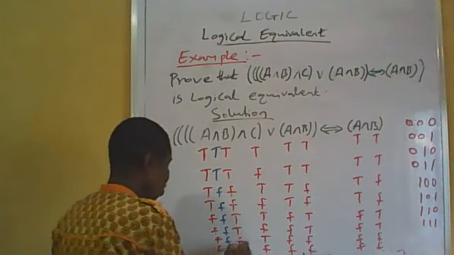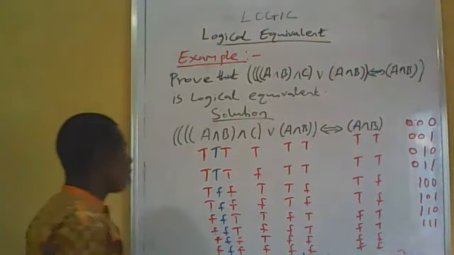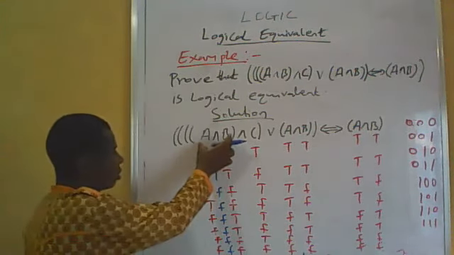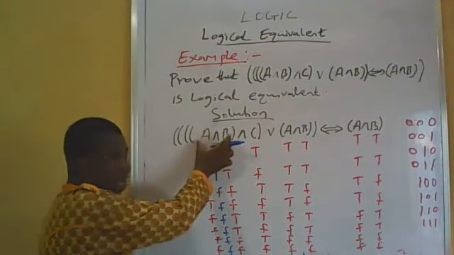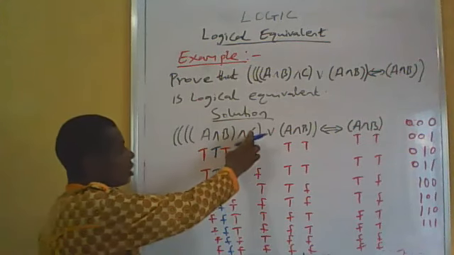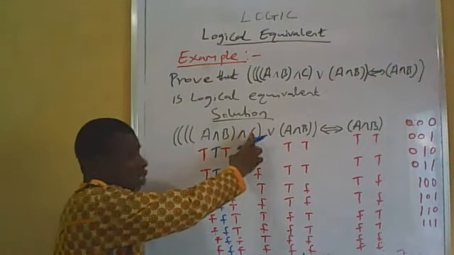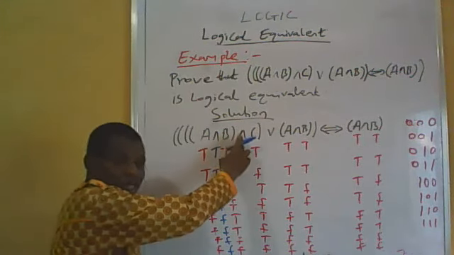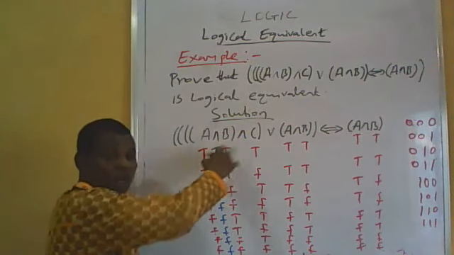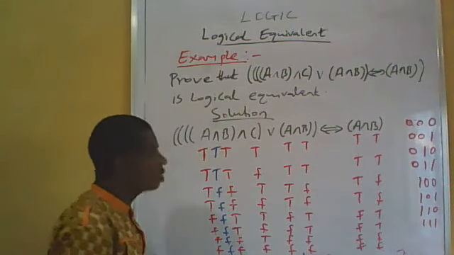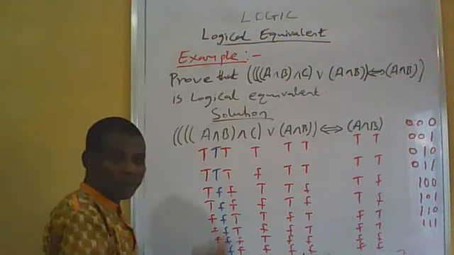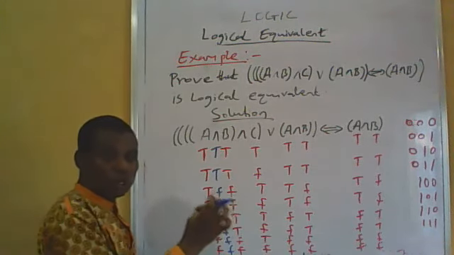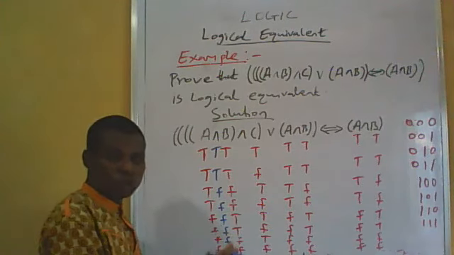Now having validated this one, this one is another statement. A and B is one statement. Then C is another statement that is combined by this conjunctive connective. That means it's still a conjunctive statement. So, for us to establish truth in this statement, the two conjuncts must be true.